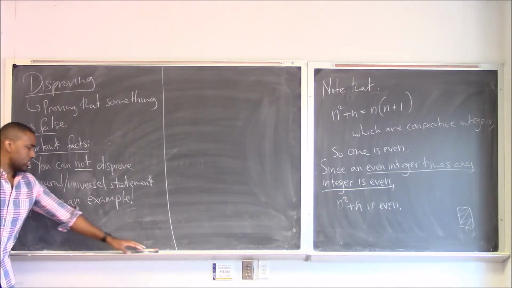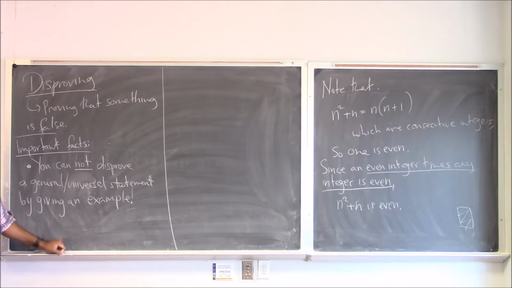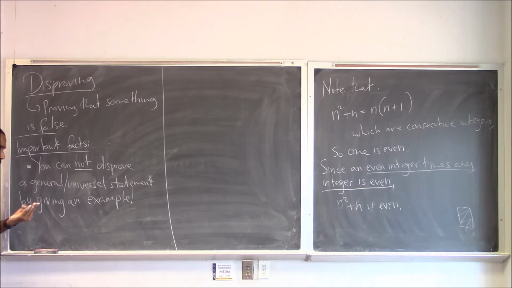So you can't just tell me, well, 3 is prime and 5 is prime and 7 is prime. Those are 3 odd integers in a row. Maybe all odd integers are prime. No, because then the next one is 9, and now it's false, right?